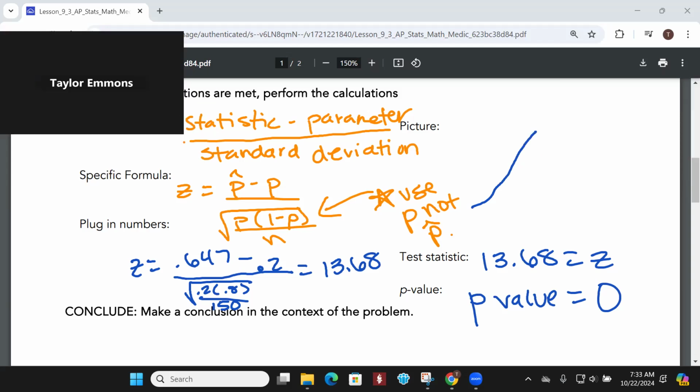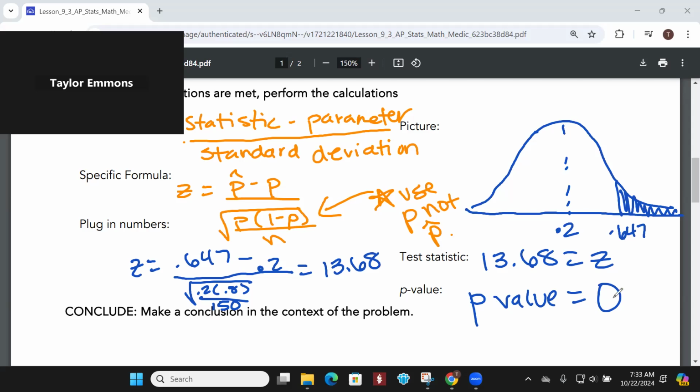Okay. So when you draw the normal curve, what's your mean? Or what's your middle? 0.2. And then we found 0.647. Right? Our curve probably is not a good representation of what's going on.